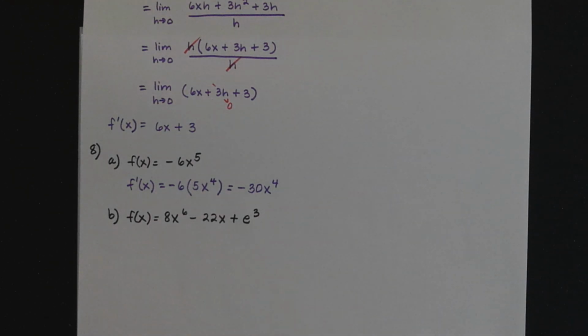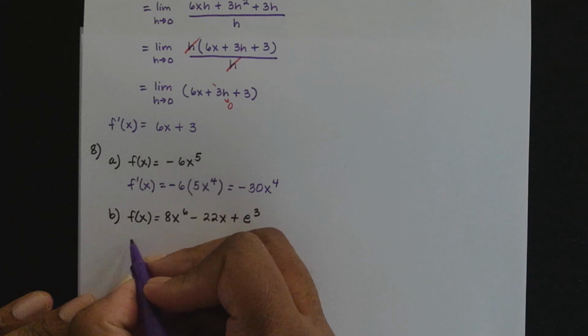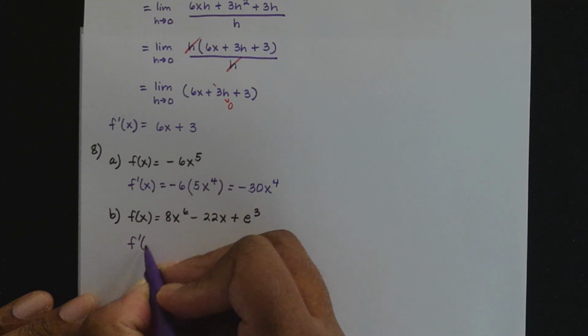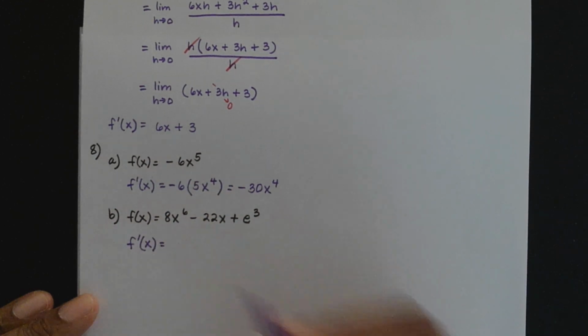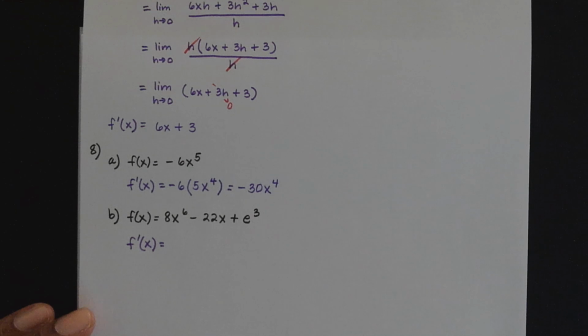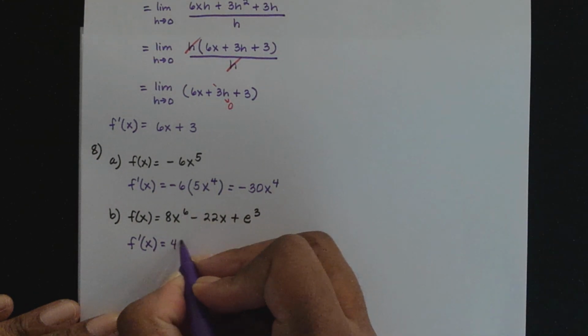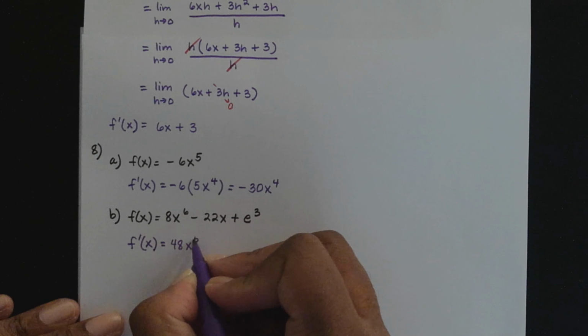Okay, and I want to find out what f prime of x will be. So what do you think f prime of x will be for this? 48x to the fifth. Okay.